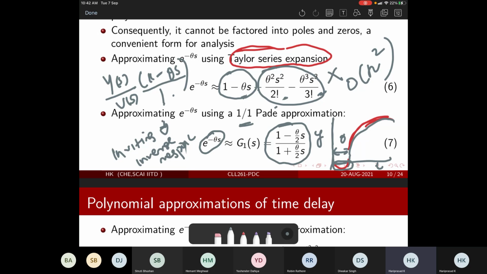Intuitively, why is this a slightly better option than the Taylor series approximation? Why this approximation comes about is a different question.